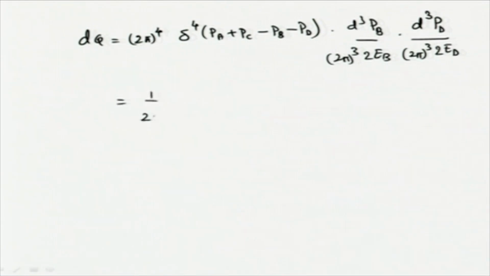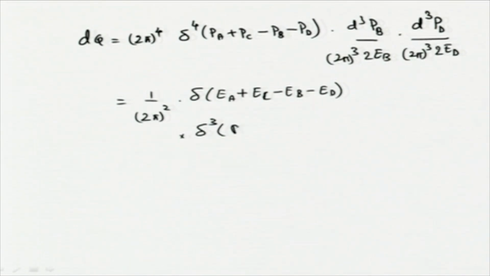So, altogether we have a 2 pi power 2 in the denominator, and let me split this delta function into delta energy E A plus E C minus E B minus E D, into the other delta function, the rest of it, which is a 3 dimensional delta cube of the 3 vectors P A plus P C minus P B minus P D.